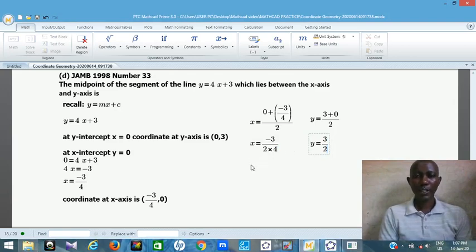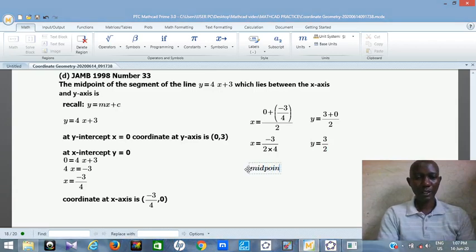So finally now we can say the midpoint. Let's put it in text mode.